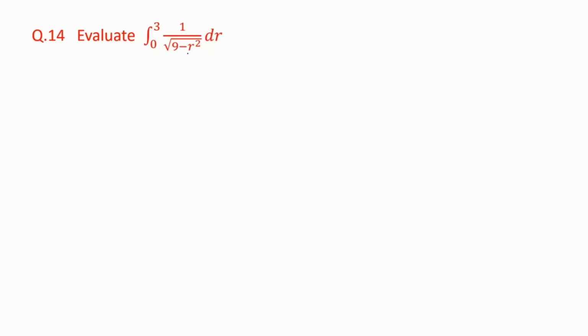Next question is integral 0 to 3 of 1 over square root of 9 minus x square. So this can be solved by substitution also, but we'll use this integration: dx over square root of a square minus x square equals sine inverse x over a plus c.